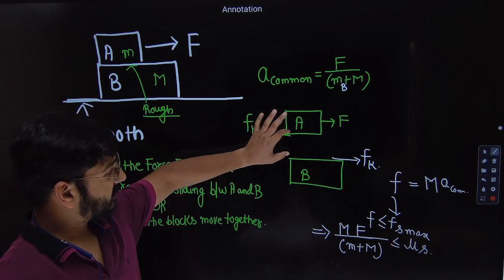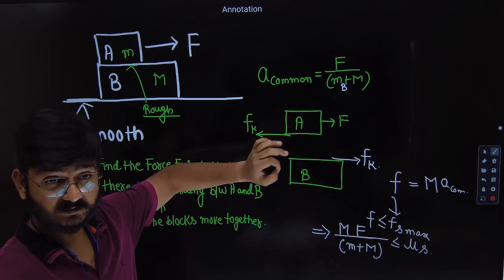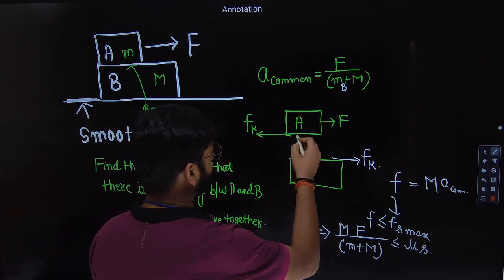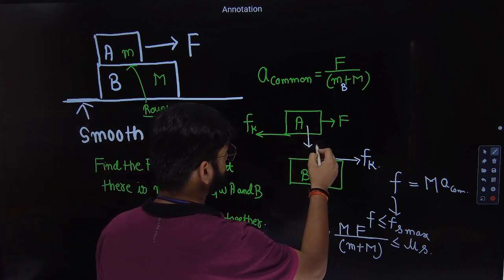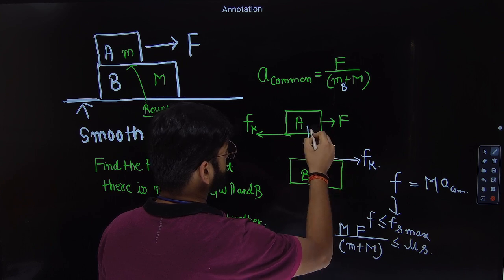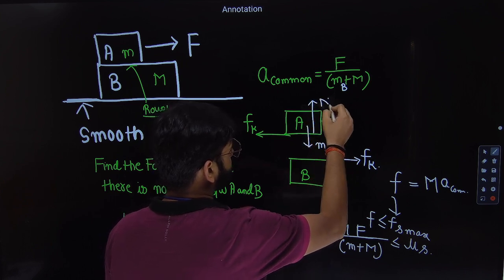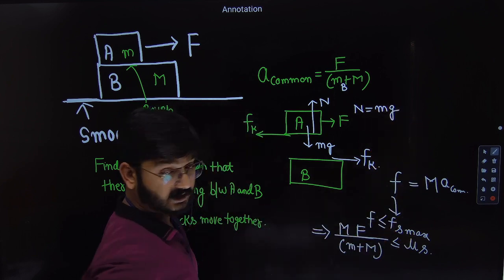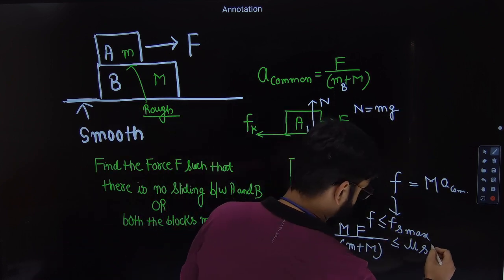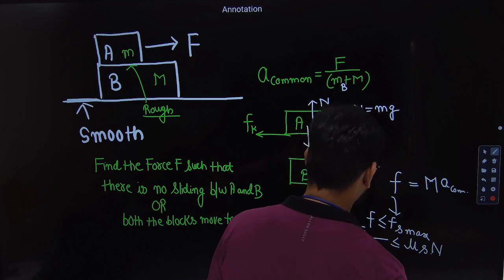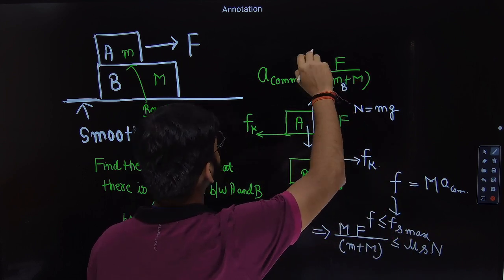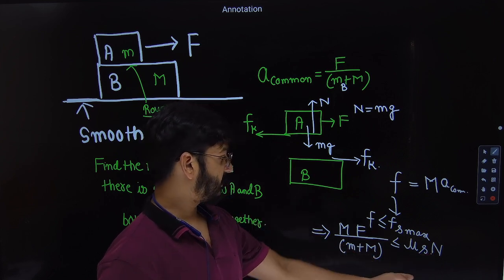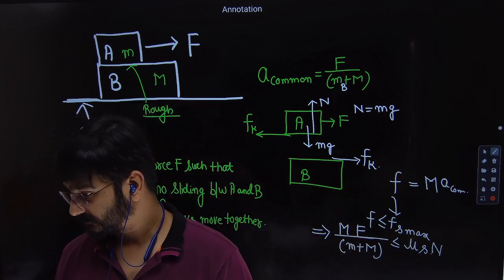Now the friction is acting between these two surfaces. So what will be the normal? So the normal will be equal, and then find the value of F.